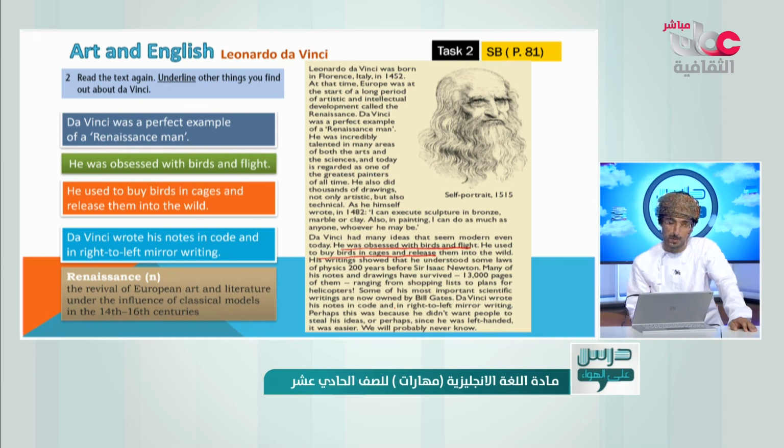Another suggestion was, since he was left-handed, it was easier. Okay. But we will probably never know why he put his notes in code and in right to left mirror writing.